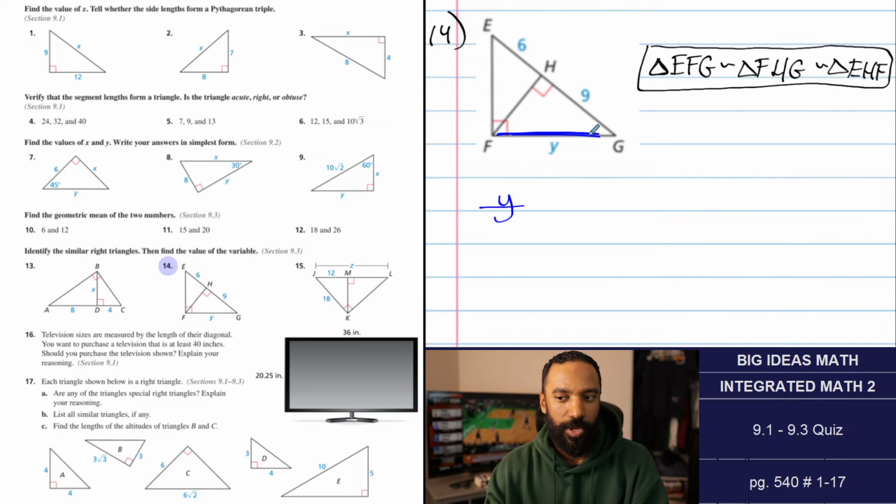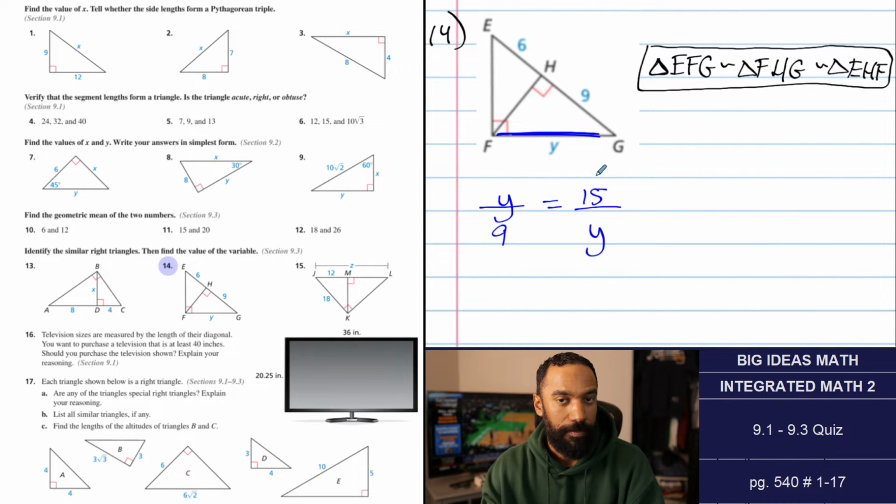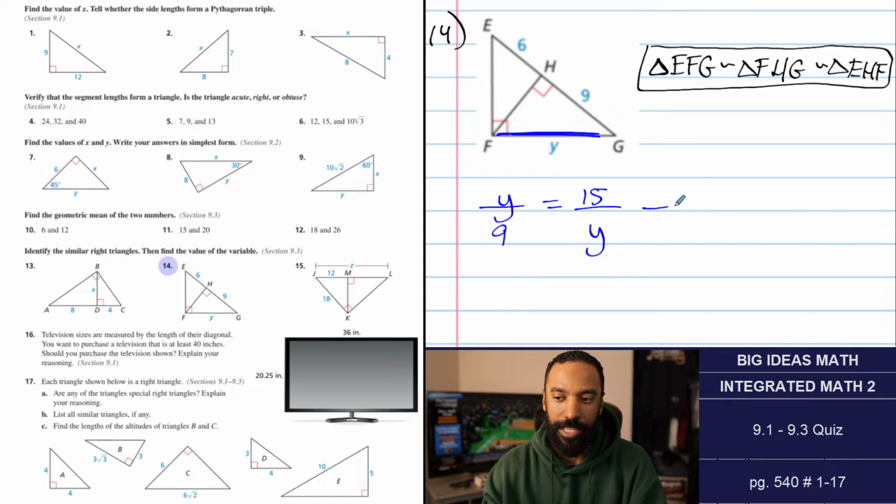So the long leg in the big triangle is Y, the long leg in the medium triangle is 9. Let's set that equal to something else in the big triangle and something else in the medium triangle that we have. The only other thing we have in the medium triangle is Y, the hypotenuse. That's the medium triangle. Do we have the hypotenuse in the big? If you add 6 and 9, yeah, you get 15. So that can be a proportion setup. Now, when I cross multiply these things, I get Y squared equals 9 times 15.